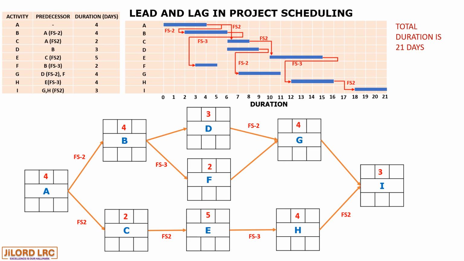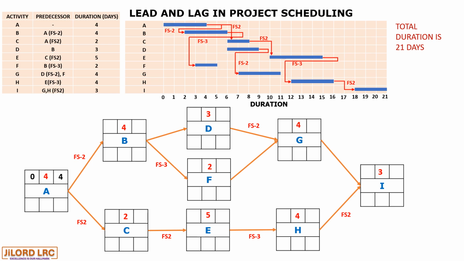So A is 4, B is 4, C is 4, D is 3, F is 2, E is 5, G is 4, H is 4, and I is 3. Let's start with the forward pass. Starting with activity A, we have 0 plus 4 giving us 4. Now let's proceed with activity B with a lead of 2.